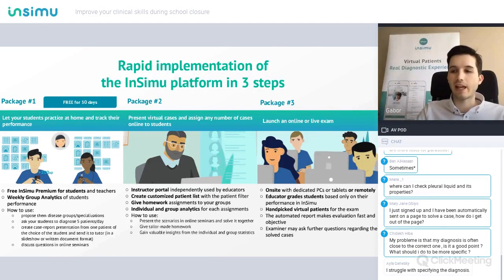If you're an experienced InSimu user, an exam in InSimu will not be a big challenge for you, so you can get a very good grade at the end of the semester, because you already gained a large experience if you practice with our app on dozens or hundreds or thousands of cases.